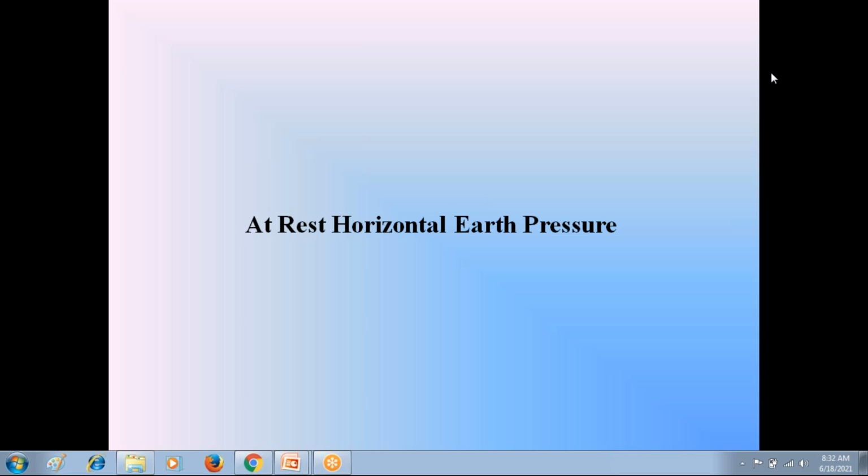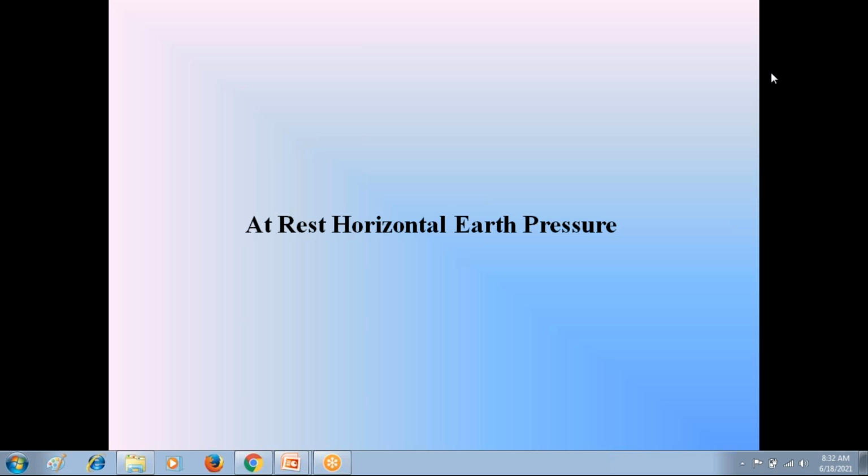In that diagram, this soil element from the top of the backfill is at a vertical depth Z. At the depth Z from the top of the backfill, the vertical stress acting on the soil element is sigma V, and sigma H is the horizontal stress in the rest condition.